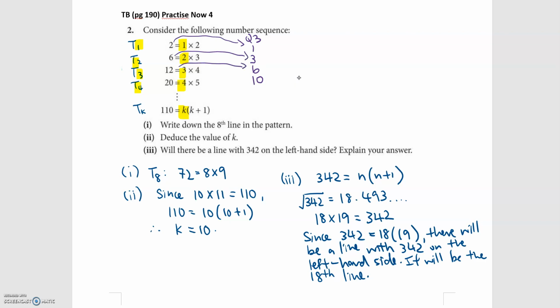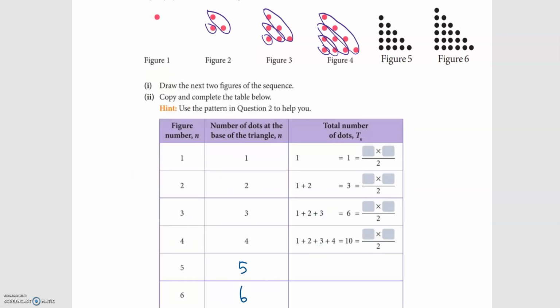It would be the value divided by 2, and so on and so forth. So coming back here, it will be 1 times 2 divided by 2. Then 2 times 3 divided by 2. Then 3 times 4 divided by 2. Then 4 times 5 divided by 2.